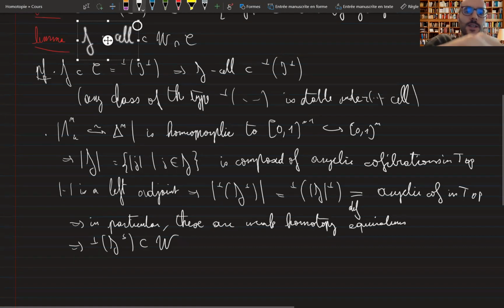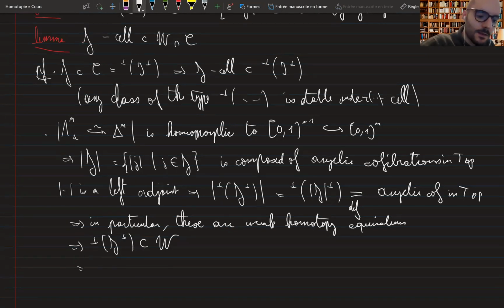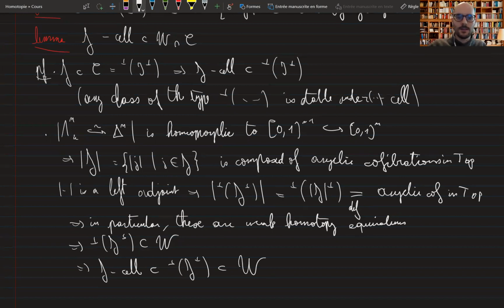So in particular, by definition, they are weak equivalences in our model structure. But anything which is in J cell is in this thing. So it follows that this is also true, right? Because if something is a cell complex, it will have the left lifting property with respect to maps which have the right lifting property with respect to J. Because the maps that are here all have the right lifting property with respect to J, and therefore they have the right lifting property with respect to things which are built by pushouts along maps of J. Okay, so we have proved the two things.